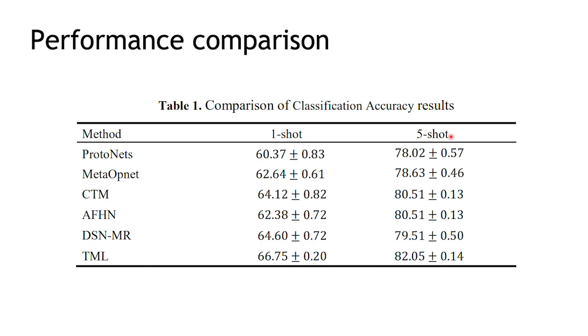This can be attributed to the fact that TML built its model on the basis of ProtoNets, and the superior performance is achieved by introducing the transformer as well as label refinement modules.